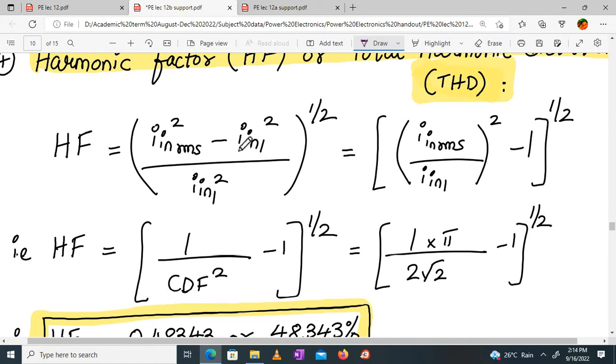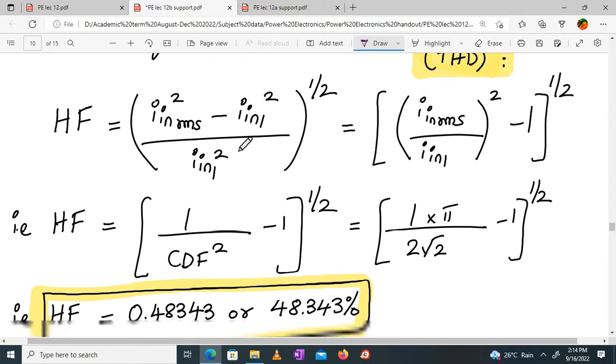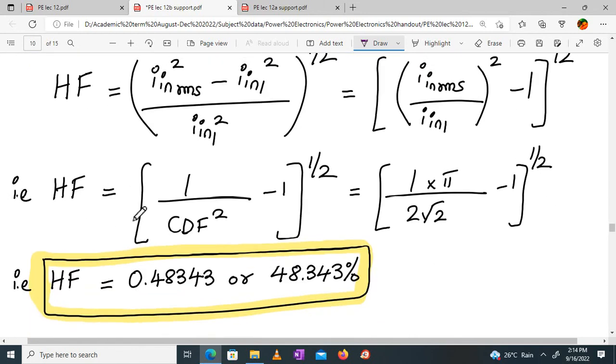So it's the square root of I in RMS squared minus I in 1 squared, divided by I in 1 squared. Now we know I in of 1 divided by I in RMS is CDF. So it is 1 upon CDF square minus 1 raised to half. Write this formula. Harmonic factor is 1 upon CDF square minus 1 raised to half.